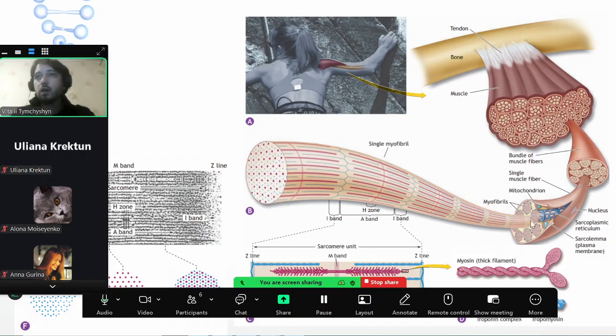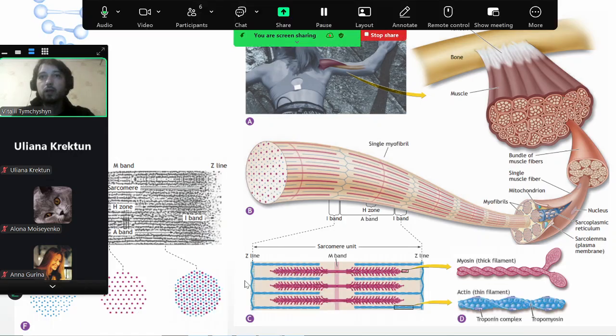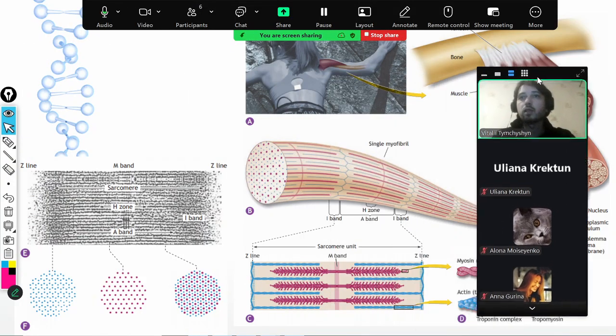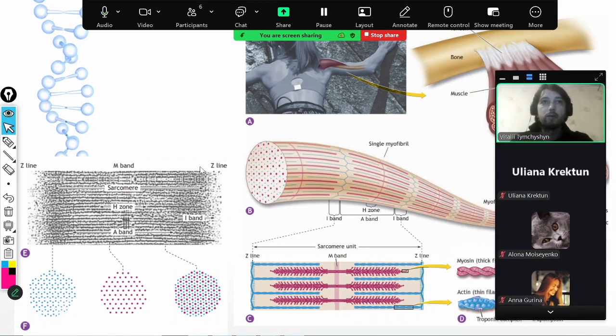Here you see myofibrils, and here is one single myofibril. If you look at that myofibril under the microscope, you will see something like here on the left. You will see different bands, like the M band, and these Z lines, and all these structures.